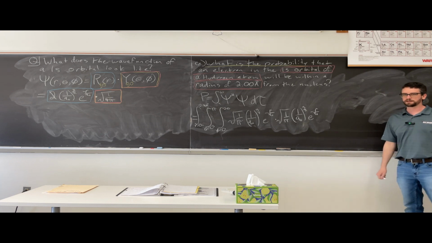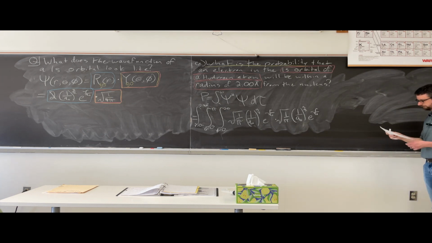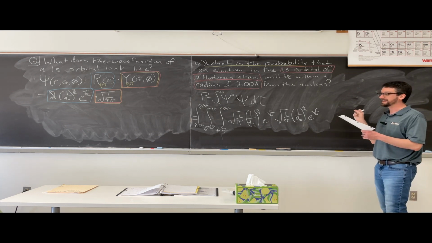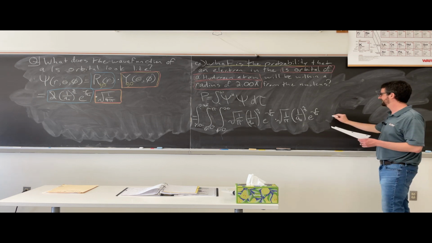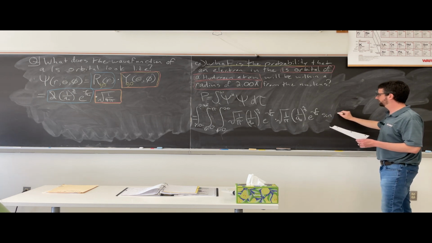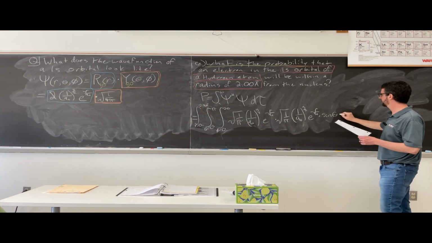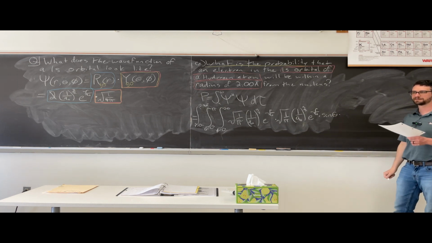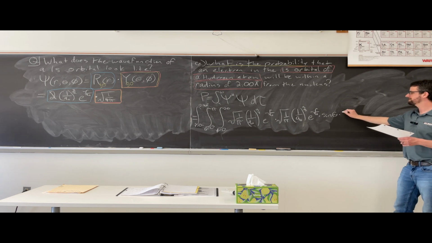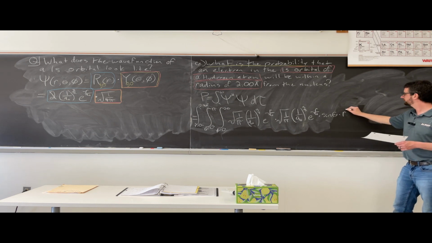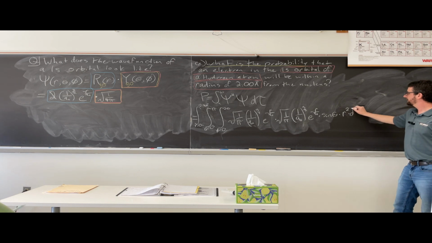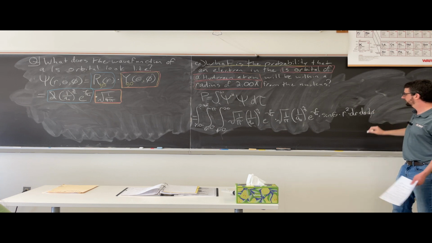Okay, what else do I need in here? And what else? Oh, and the sine. Sine of what one? Theta, yep, and one more thing. R squared. Then we can do dr, d theta, d phi.